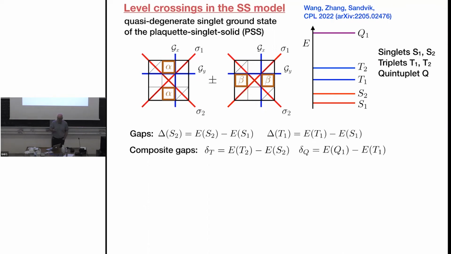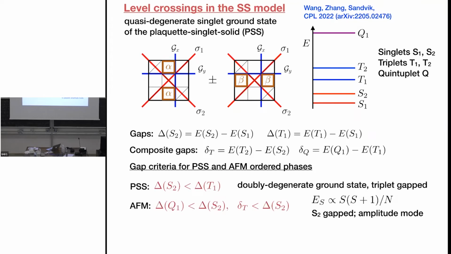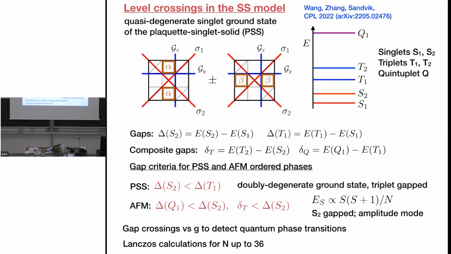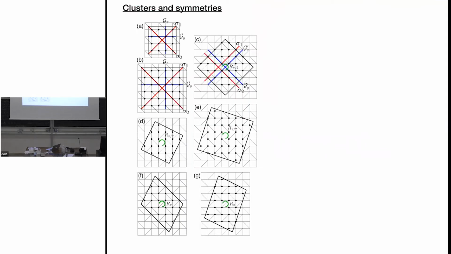We can identify crossing points, and we can argue that the end point of some phase should be characterized by one level crossing, and the starting point of some other phase should be governed by some other level crossing, and so on. Without going into details, Ling Wang did these calculations up to 36 sites, 6 by 6.